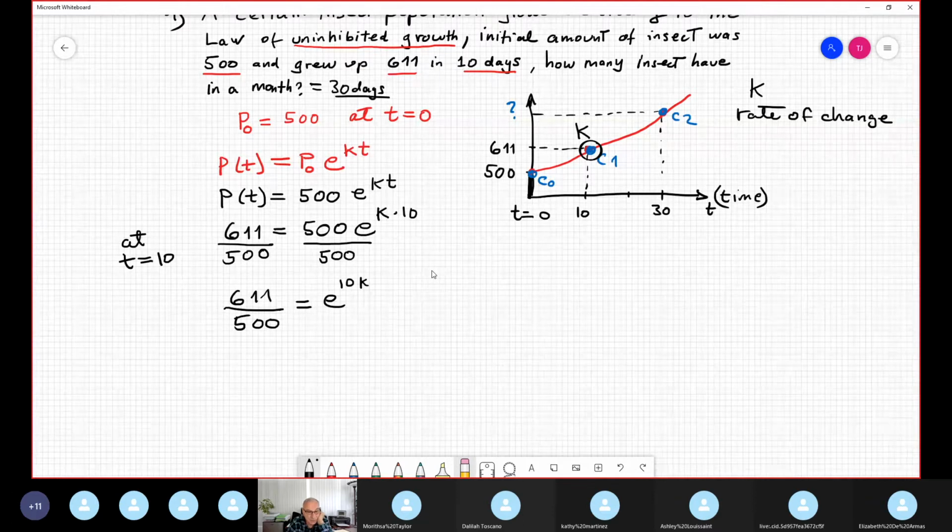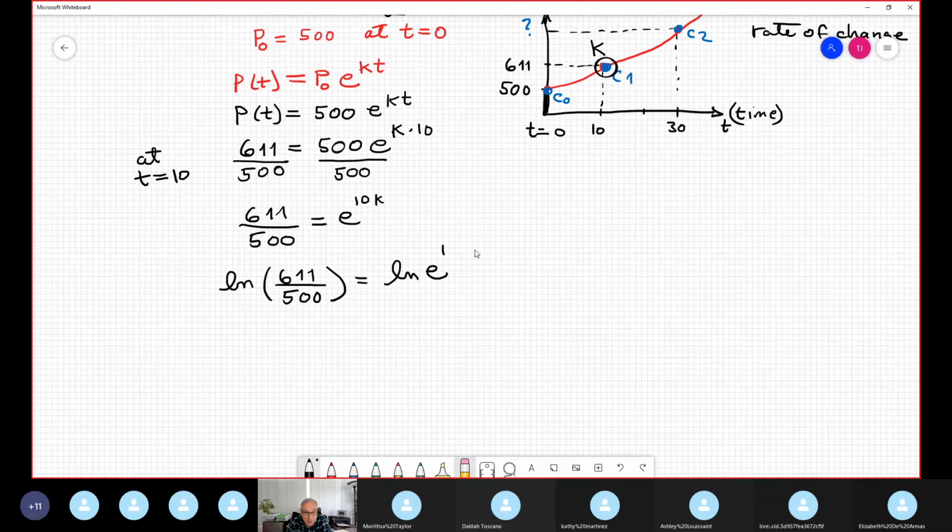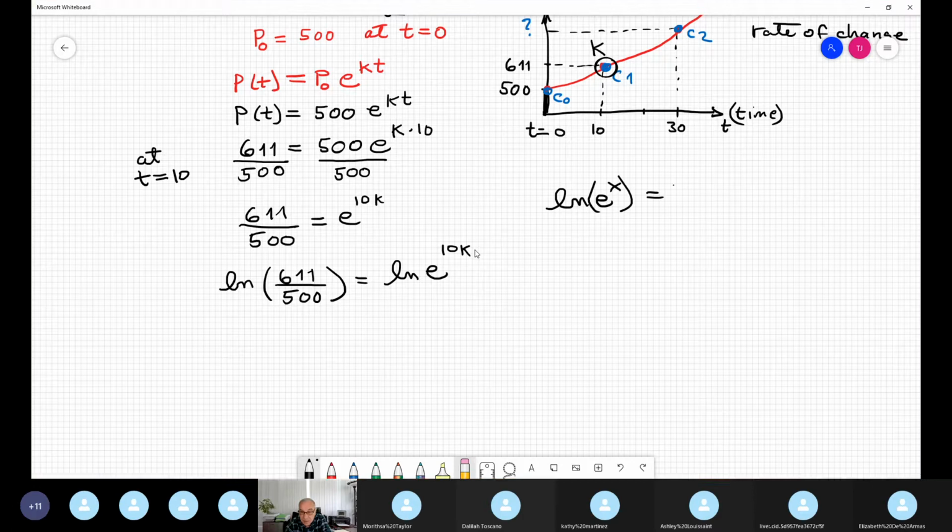And you apply a logarithm. Why do I apply natural logarithm? The reason is because the base is e, and that suggests natural logarithm. So when you apply natural logarithm to 611 over 500, on the other side we have natural logarithm of e to the 10k. I know that natural logarithm of any exponential is equal to the exponent expression.